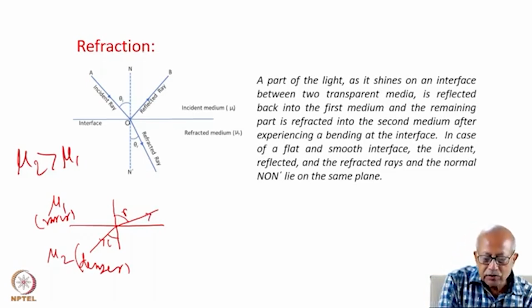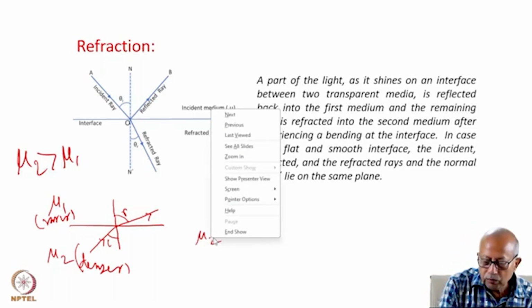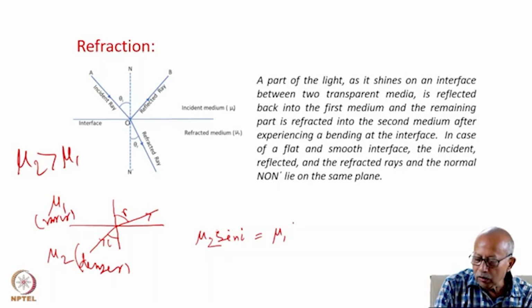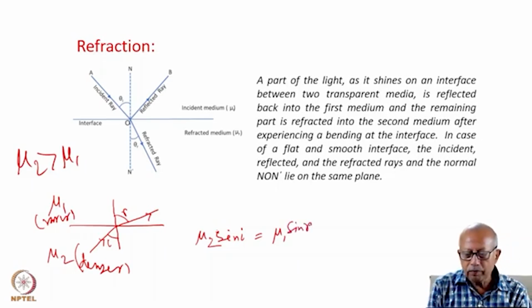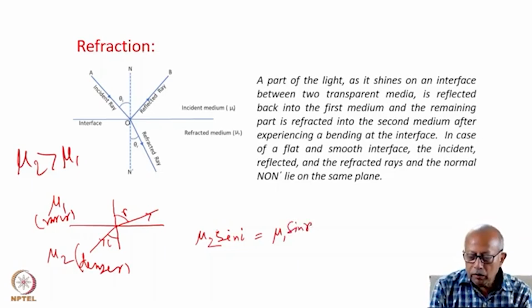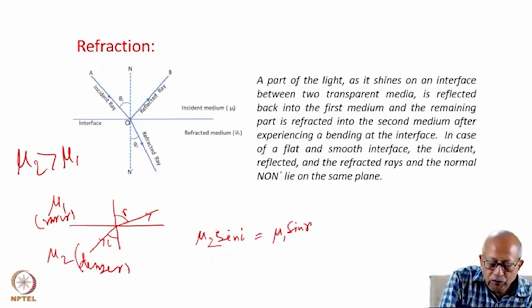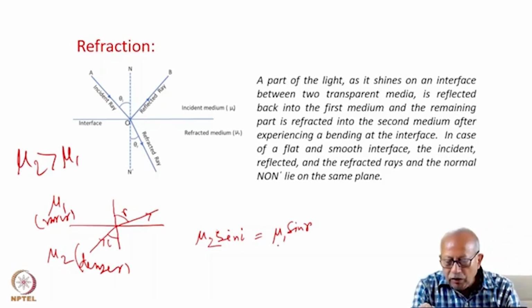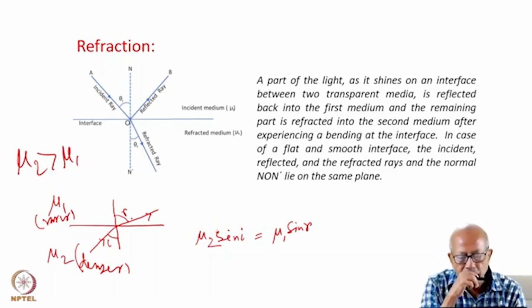Now Snell's law says that mu2 sin I is equal to mu1 sin R. That means the refractive index times the sine of the incidence angle must be equal to the refractive index of the second medium times the sine of the angle of refraction.